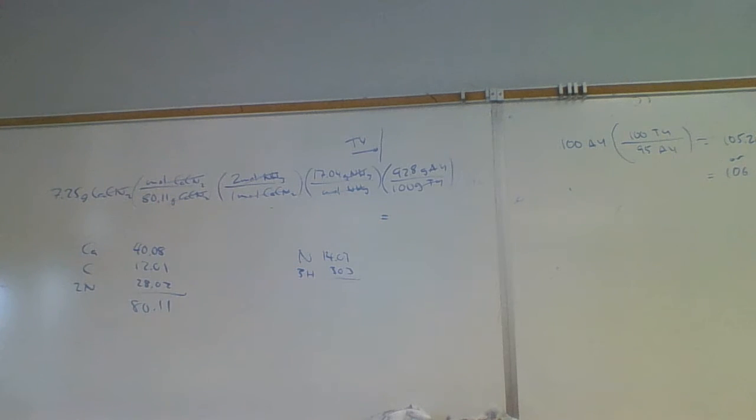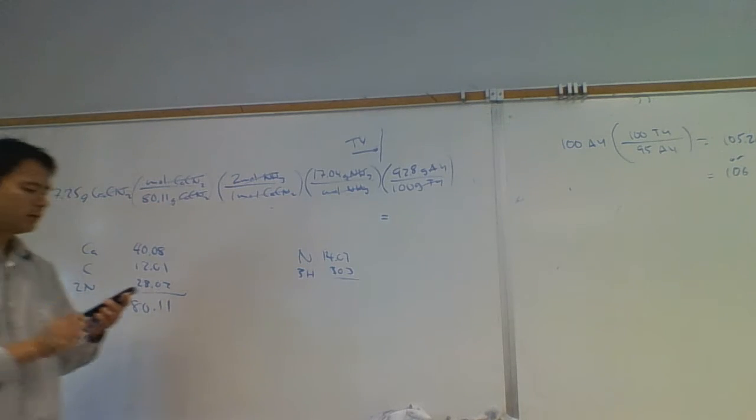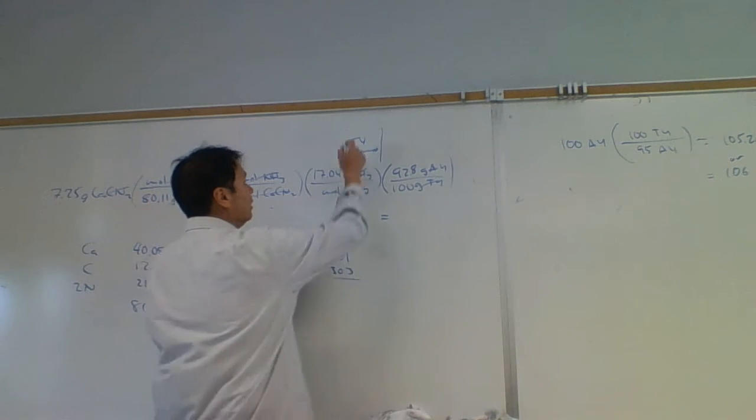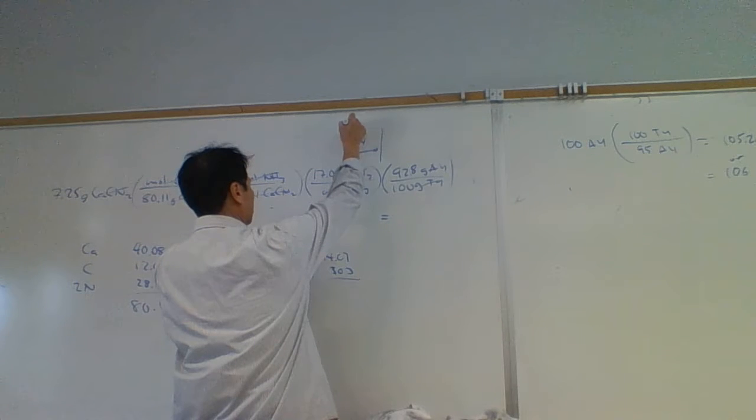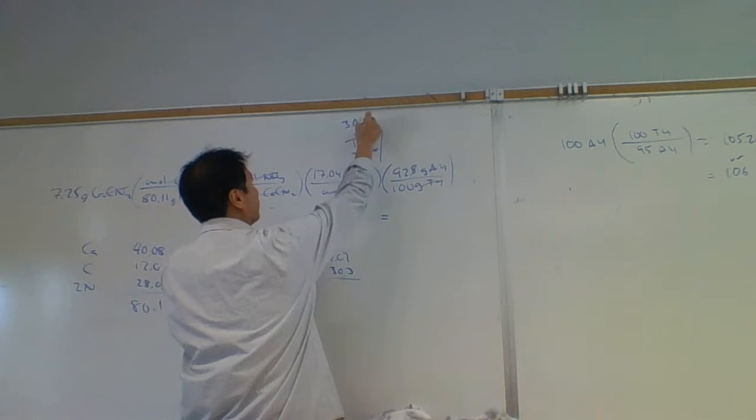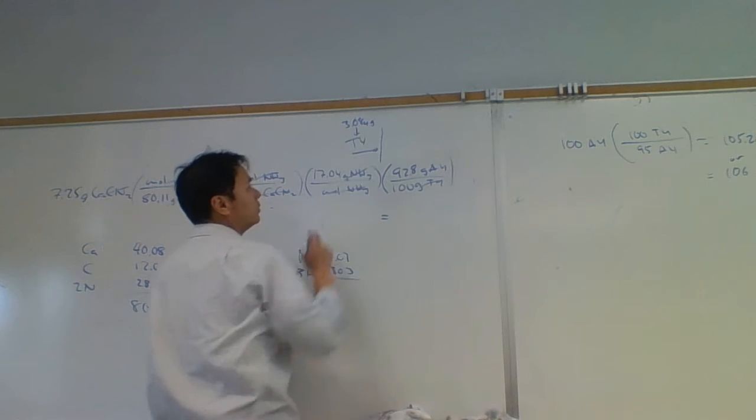So let's calculate this. I'm going to stop at the theoretical yield first. So this is going to be 7.25 divided by 80.11 times 2 times 17.04. In theory, the theoretical yield is going to be 3.084 grams of ammonia.